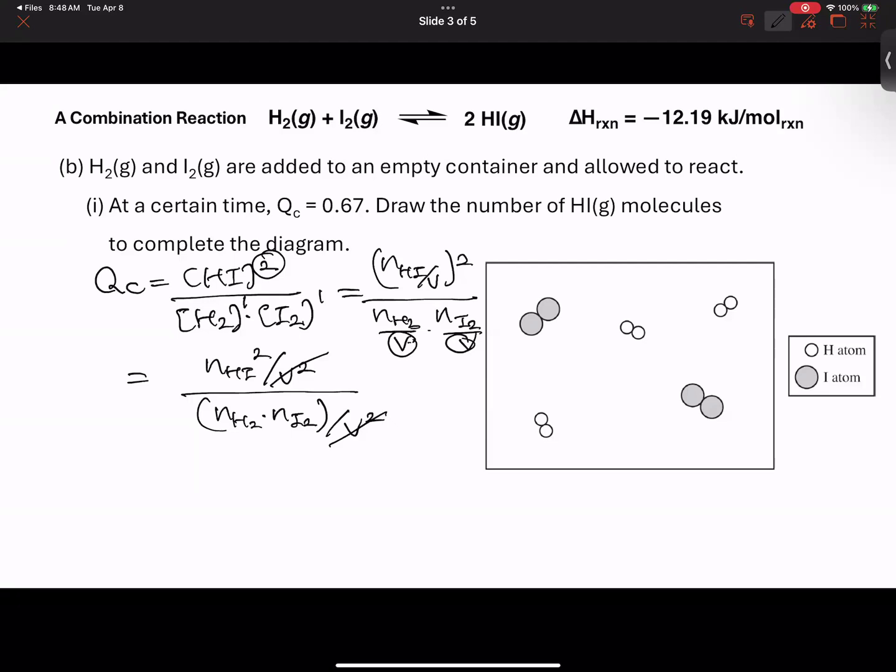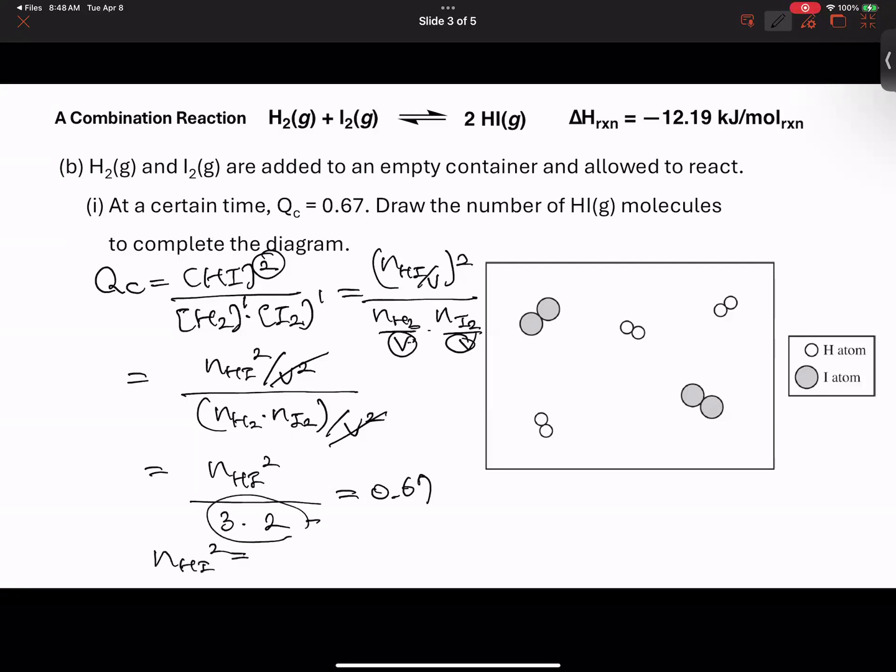Now let's look at it. The number of hydrogen iodide gas particles is unknown. Hydrogen gas has 3 particles, and iodine 2 particles. And it says that the value is 0.67 at this time. Let's rearrange the equation to calculate it.